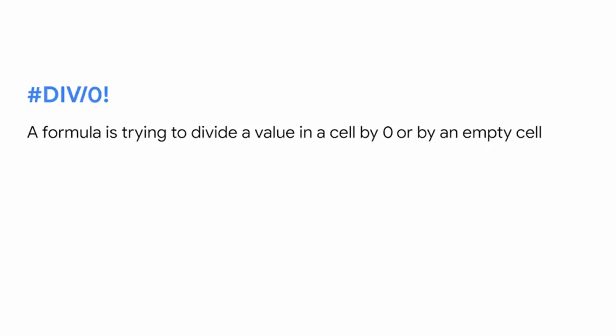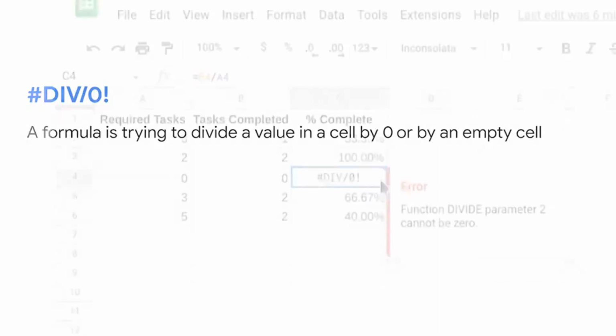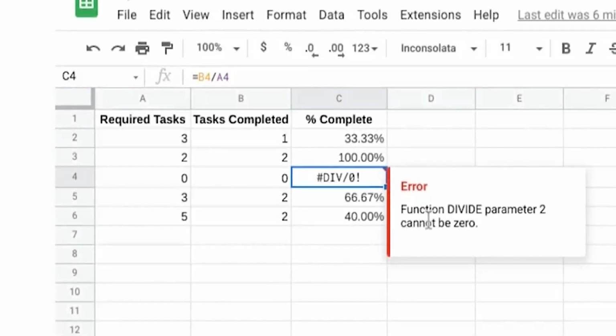One error you may encounter is the div error. The div error happens when a formula is trying to divide a value in a cell by 0 or by an empty cell. In this spreadsheet, the percentage complete values in column C are calculated by dividing the values in the task completed column by the values in the required tasks column.